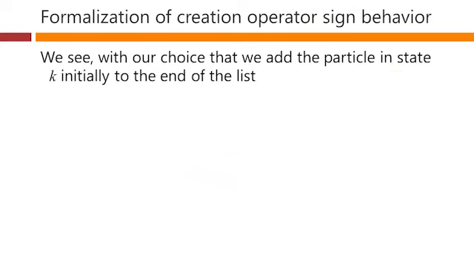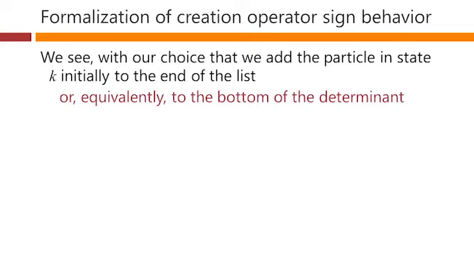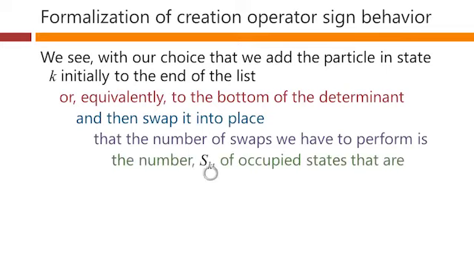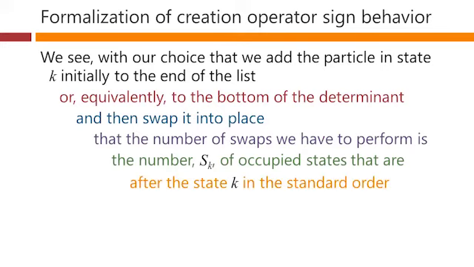First, we have to formalize the creation operator sign behavior, and we see that with our choice that when we add a particle in state K initially to the end of the list, or equivalently to the bottom of the determinant, and then swap it into place, the number of swaps we have to perform is the number Sk of occupied states that are after the state K in the standard order.